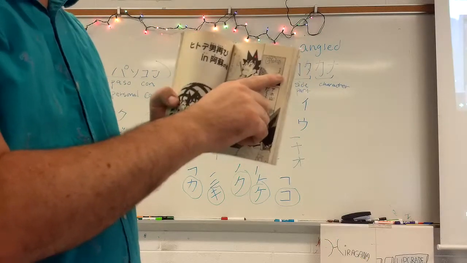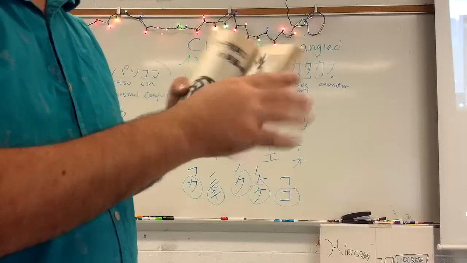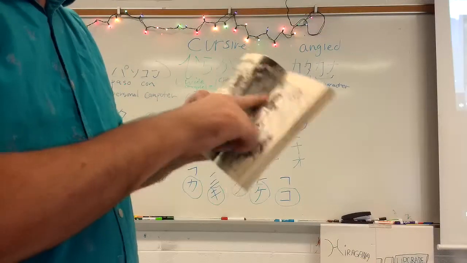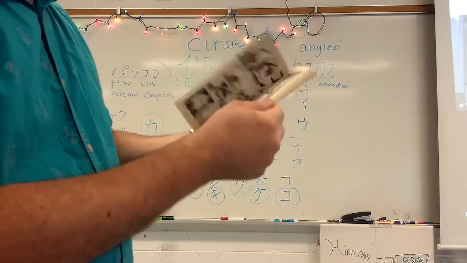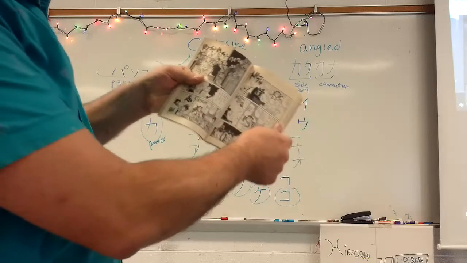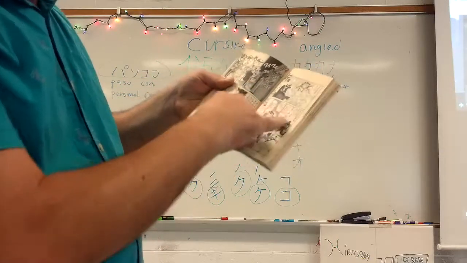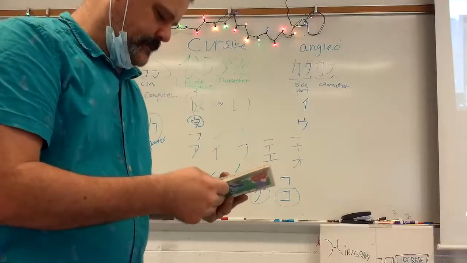And it goes chi chi chi. You know what chi chi chi is the sound of? Birds, right? And this, dote, that's someone falling. And people making noise. So a lot of manga will use katakana for the onomatopoeia.